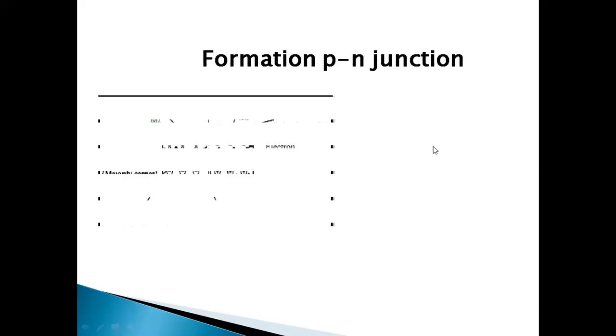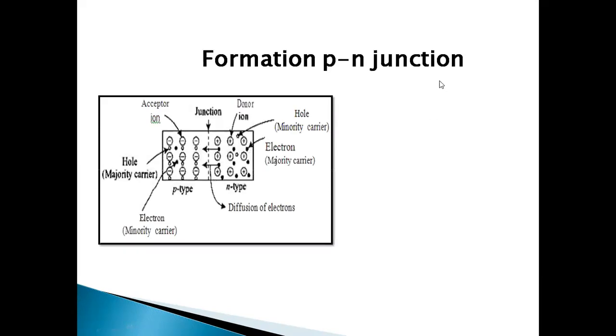Today we are going to discuss the formation of the PN junction diode. Most of the semiconducting materials are present in the technological world. That means presently we are using so many types of electronic gadgets like mobile phones, LED display devices, and many sensors.